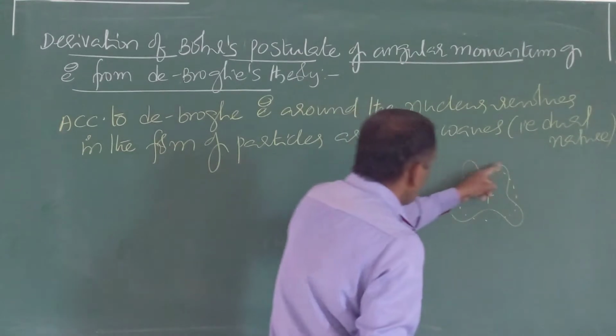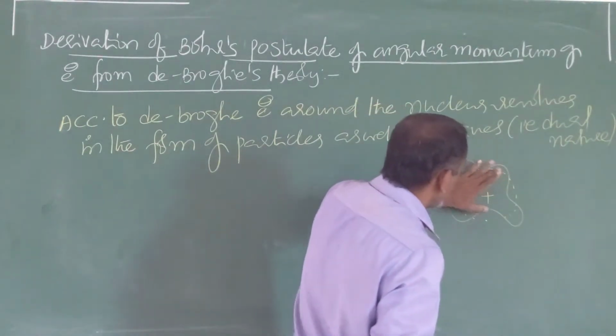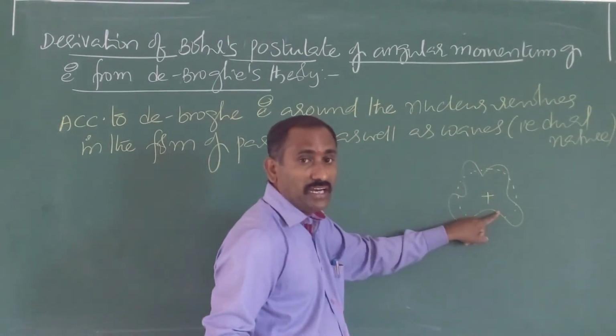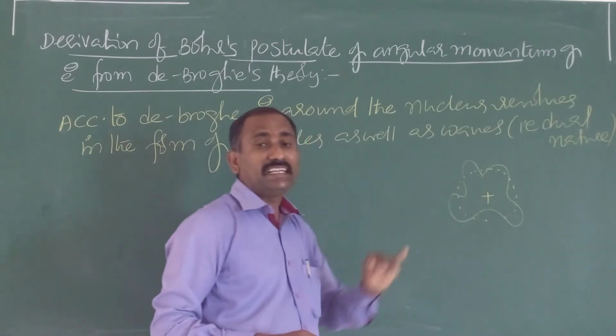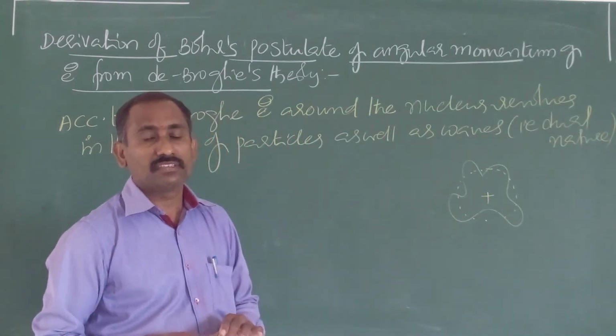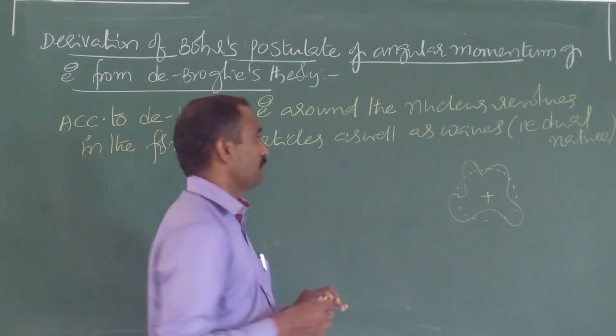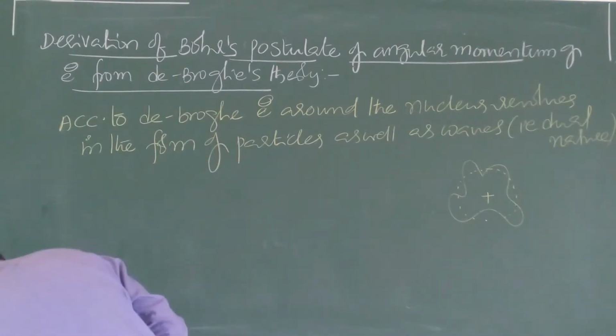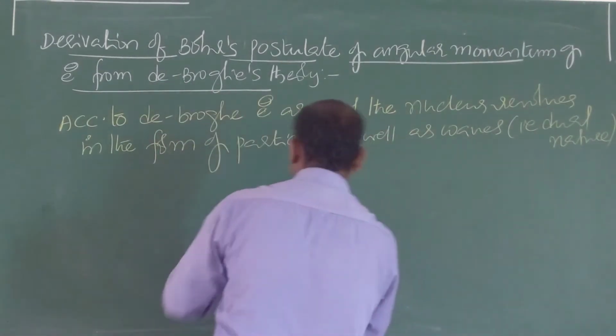Whenever an electron revolves around the nucleus in the form of waves, the circumference of the orbit must be an integral multiple of the wavelength. Then it is said to be in phase.